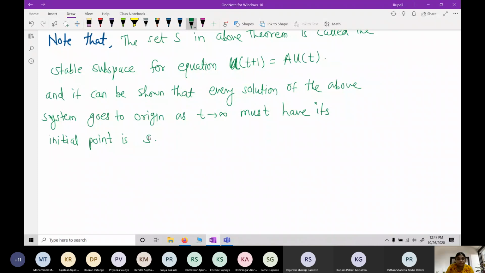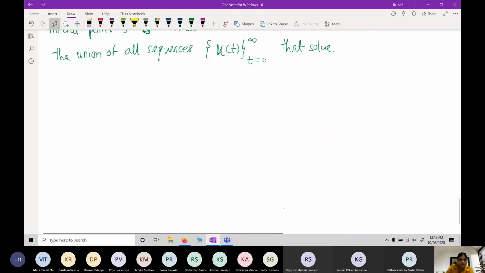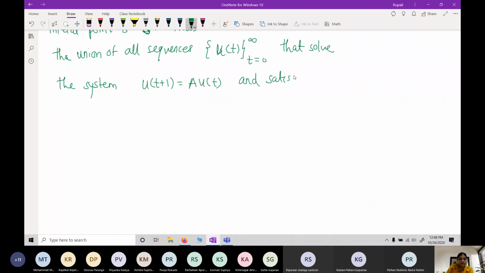Thus, S can be described as the union of all sequences, say u t, t equal to 0 to infinity, that is, all the systems u at t plus 1 equal to A times u t which satisfy the condition limit t tends to infinity of u t is equal to 0.